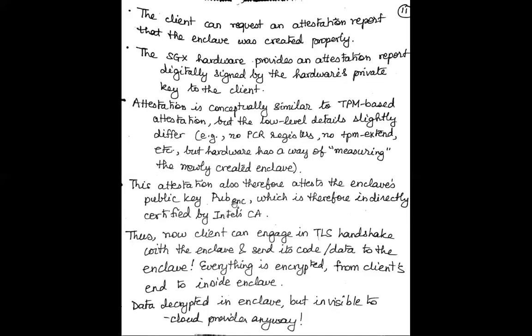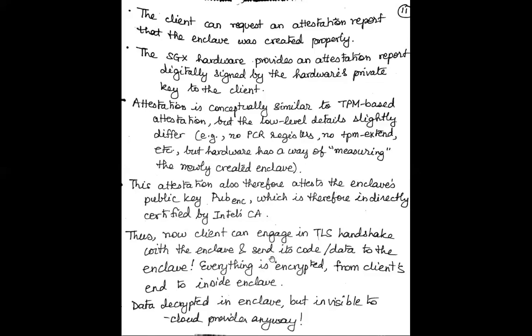Now that you have a public key that is certified for the enclave and the private key stored within the enclave, the client can engage in a TLS handshake with the enclave. Remember the TLS handshake from many lectures ago? So you can engage in a TLS handshake with the enclave and therefore create an end-to-end encrypted channel all the way from the client's machine to within the enclave.